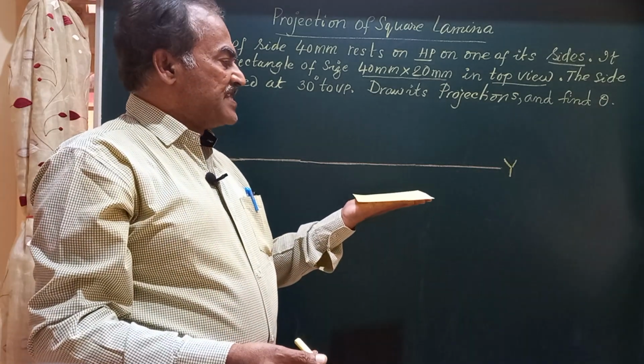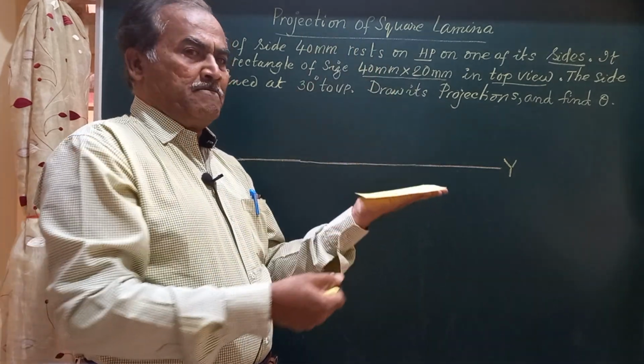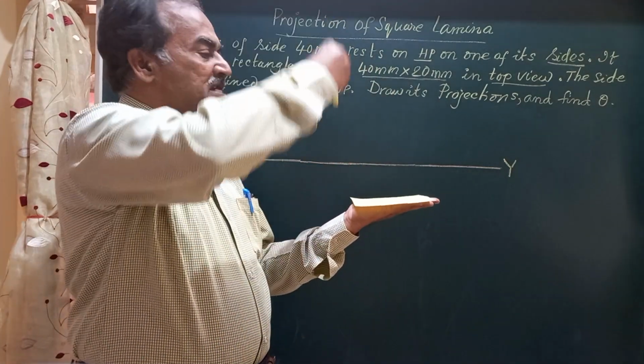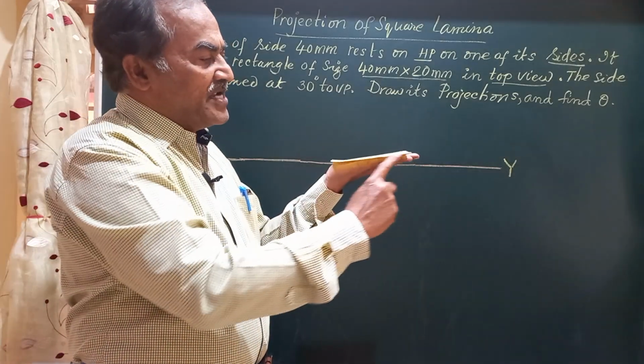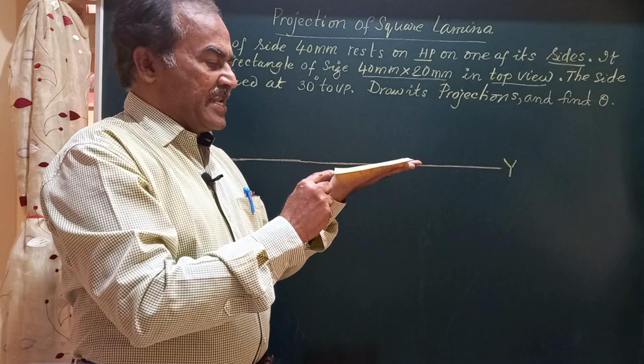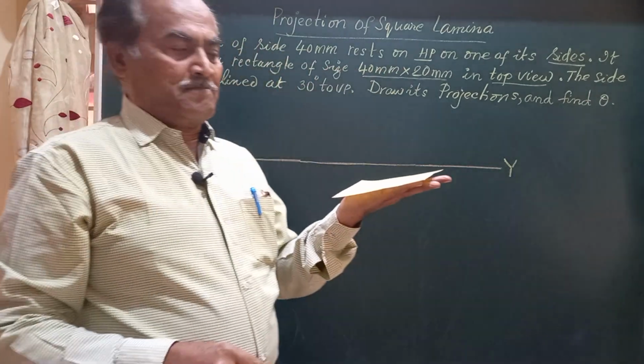Friends, when you place the lamina on HP, you can consider my palm as the HP, and if you see from the top, you will see a square, and in the front, it is going to be a line of the given size, that is 40 millimeter.